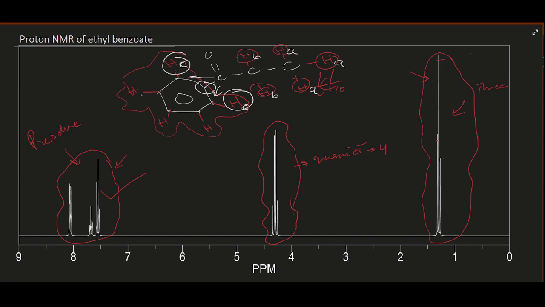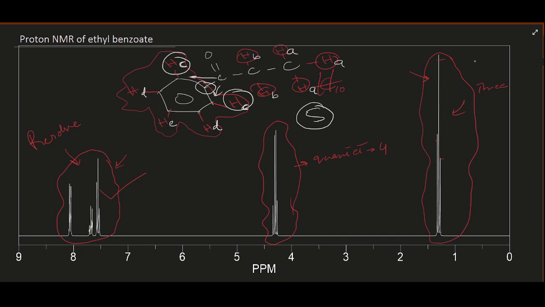These protons are D because they are at a 2 carbon distance from the carbonyl carbon, and this is proton E. So how many protons types are there? 1, 2, 3, 4, and 5. There are 5 different types of protons in our structure. So the first step is to identify how many different types of protons are in our chemical structure.